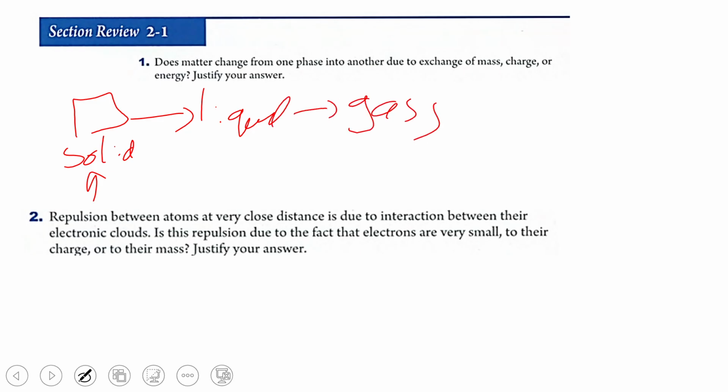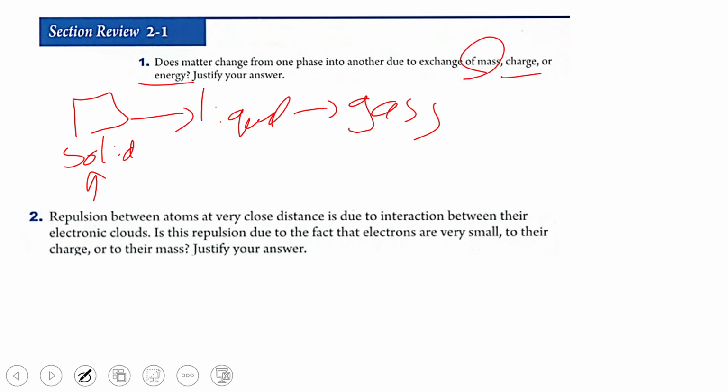So when we want to convert the state of matter from solid to liquid to gas, we give it energy. So when this process happens, matter changes from one phase into another due to changing of mass or charge or energy.